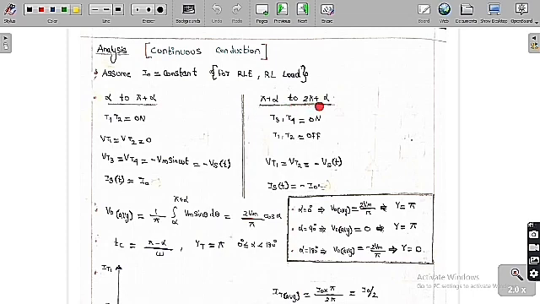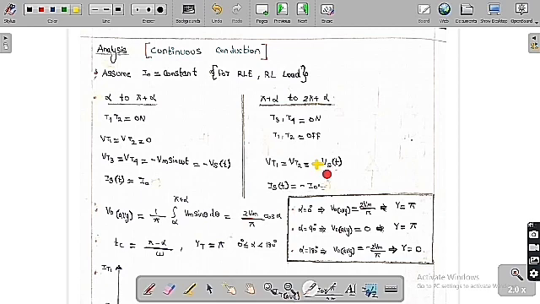Whereas from pi plus alpha to 2 pi plus alpha, T3 and T4 are on, whereas T1 and T2 are off. Because of this, Vt1 is equal to Vt2 is equal to minus Vs of t. If you apply KVL, the thyristor voltage across T1 and T2 is equal to the source voltage.